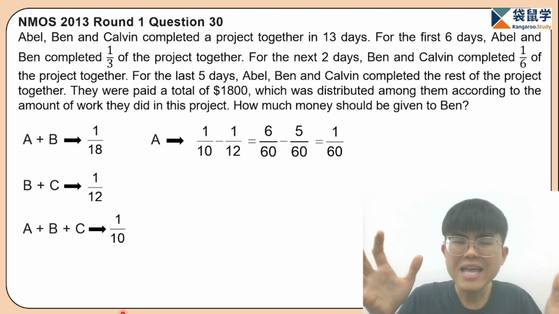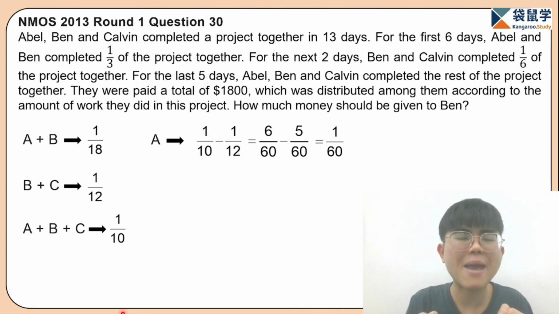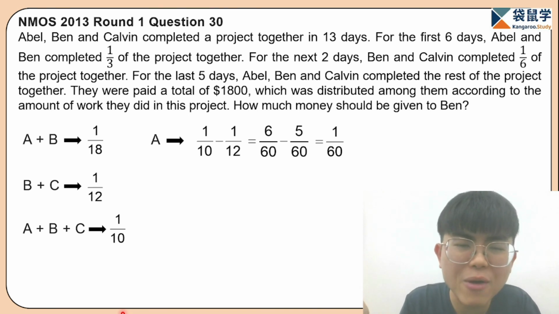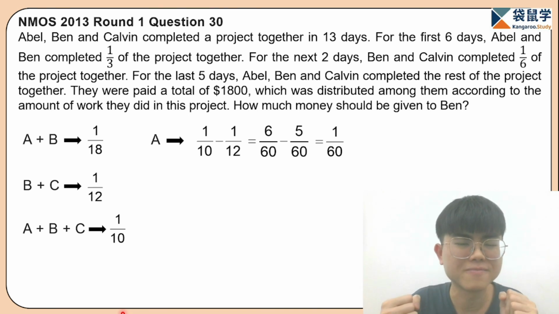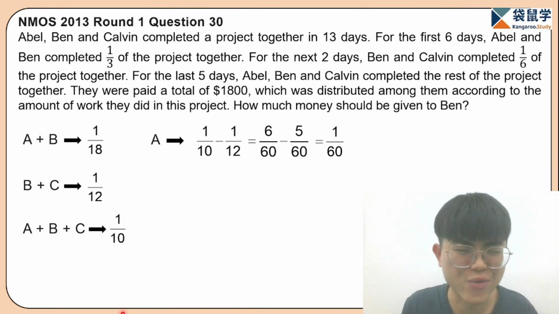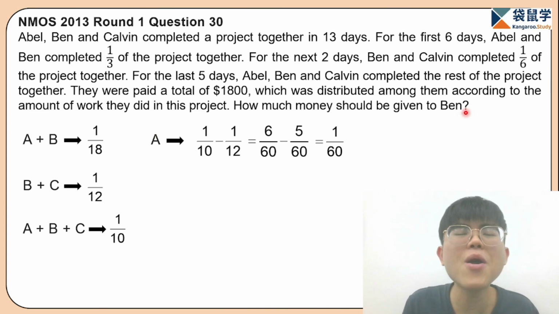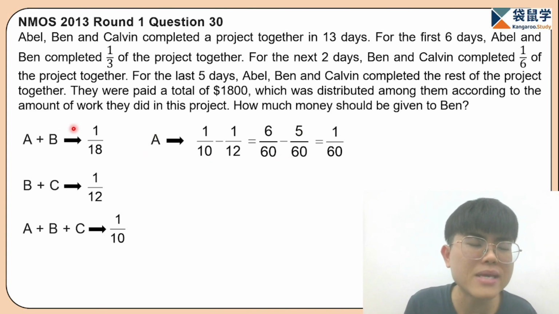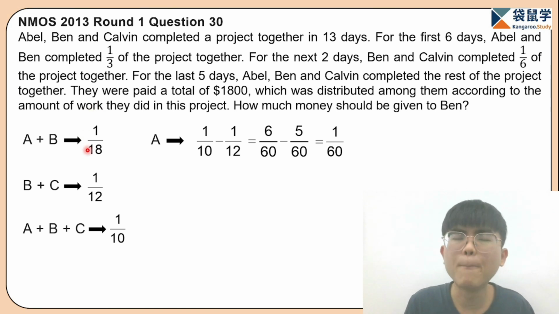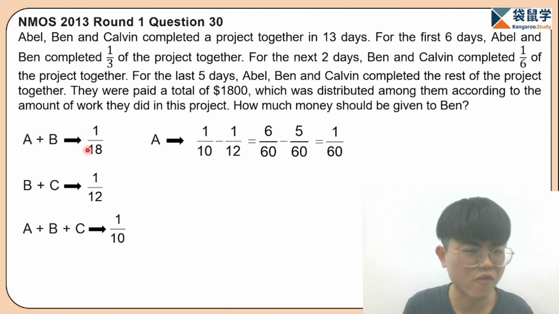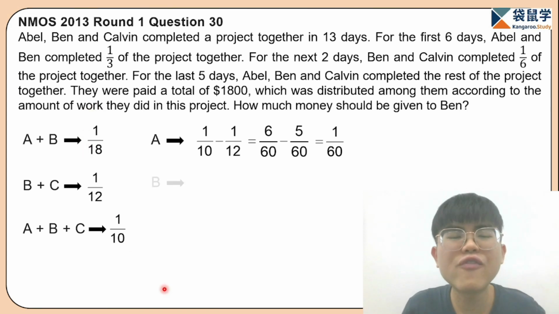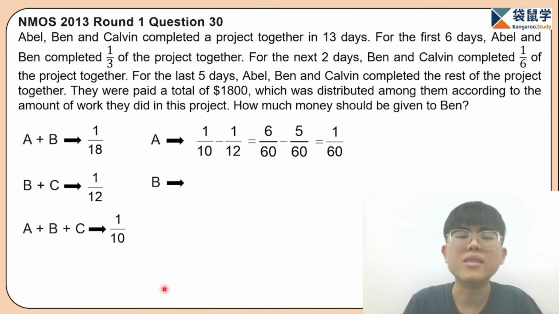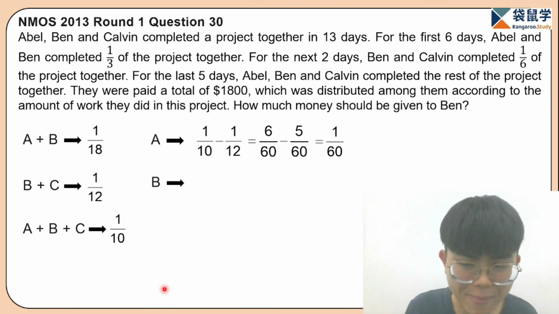Now that we have the work done by A per day, how do we find the work done by B per day then? Since we know that A is 1 over 60, and there is another piece of information, A plus B is 1 over 18. Both of them working together is 1 over 18. So to find the work done by B per day, you just have to subtract.